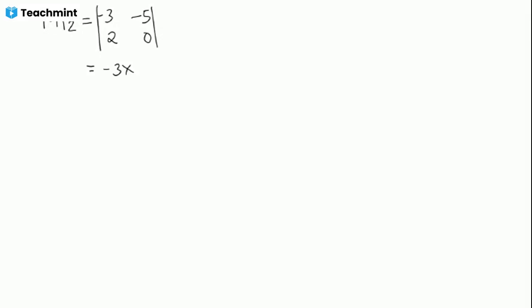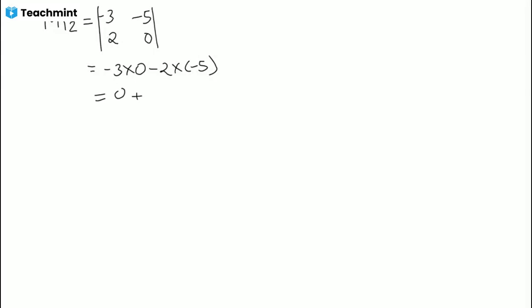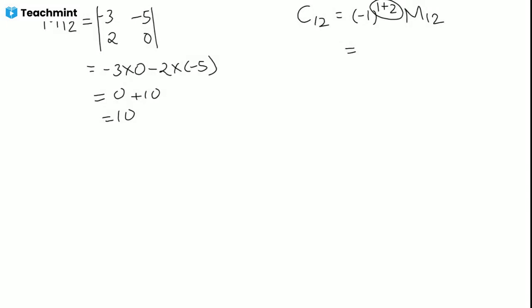So minus 3 into 0, minus 2 into minus 5. So we have 0 and here we have 10. So we have only 10. Now let us find C12, which is minus 1 to the power 1 plus 2 into M12. So obviously we have odd power, which is 3. So we have minus M12.